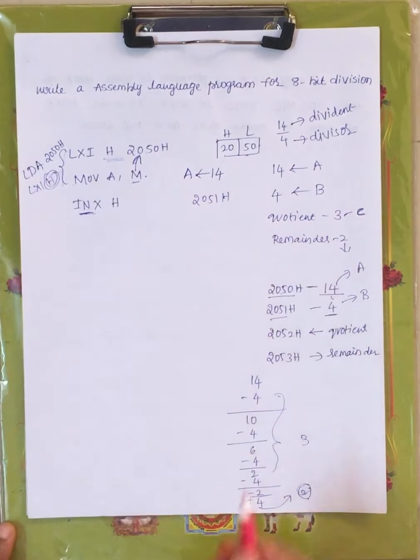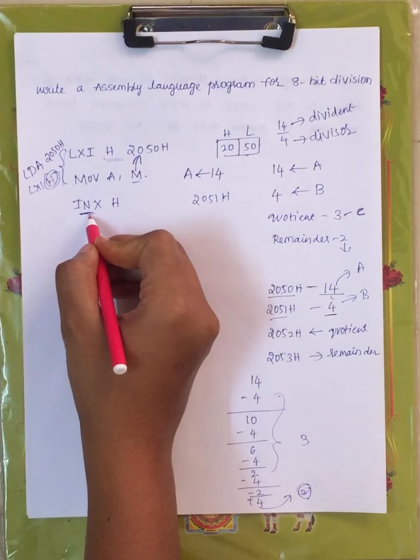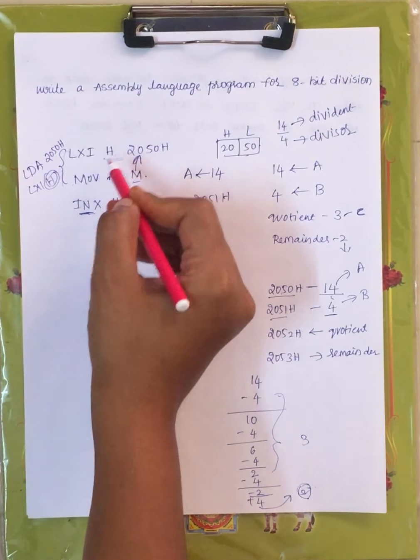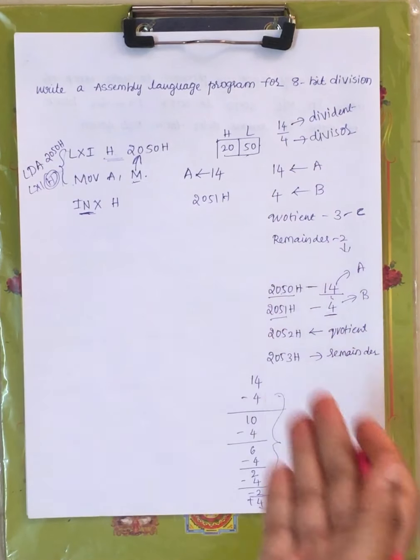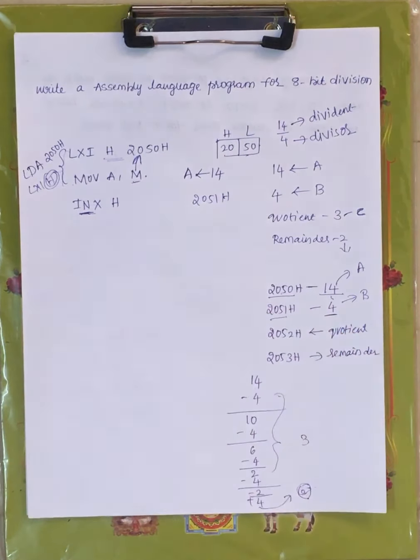We don't know H. Directly we can increment a memory location once a particular memory location is assigned to the HL register pair. After incrementing the HL register pair, it will point to the next memory location. For this convenience only we are using these two instructions instead of a single instruction, LDA 2050H.